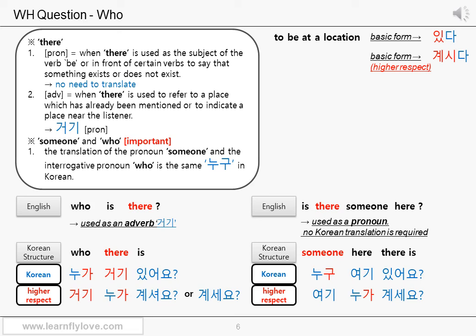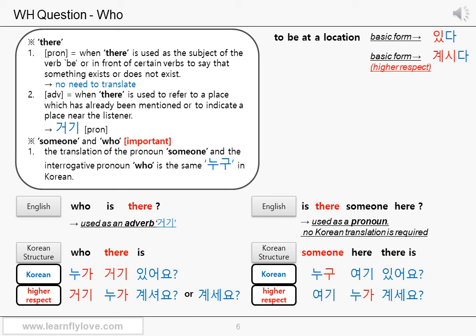Here, 여기. Yes, we can add 에 since this is a place-related word. The same thing applies to 거기, 여기, or 여기에. Adding the particle 에 is something like using the preposition in with the adverb here or there.